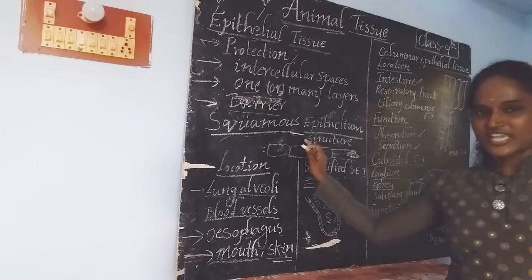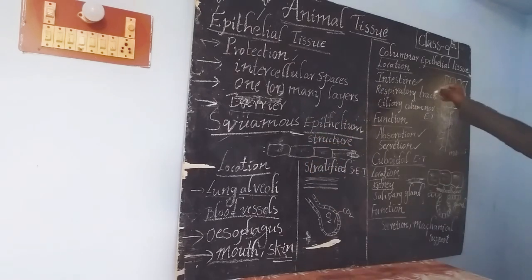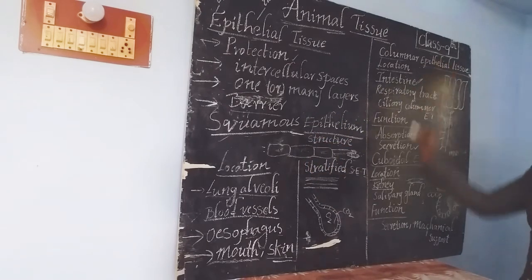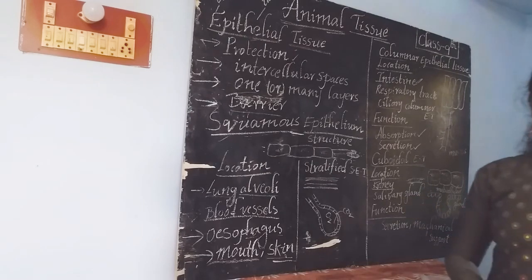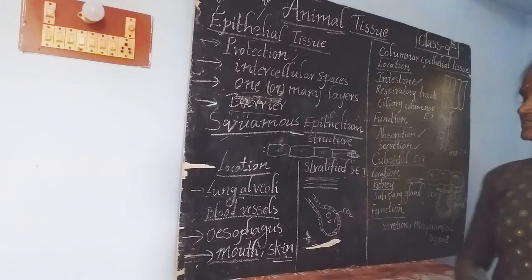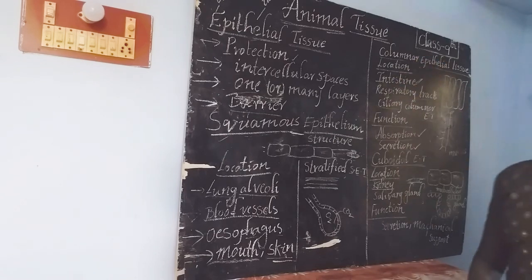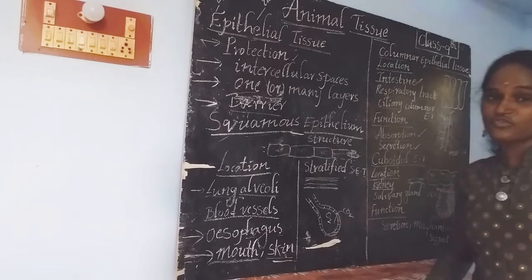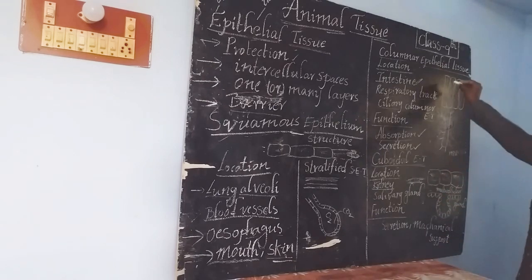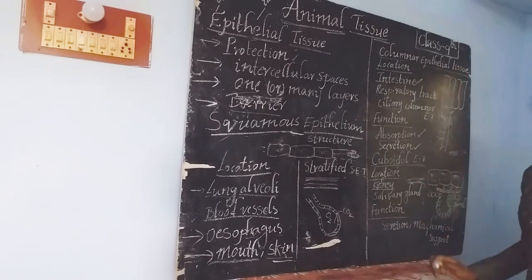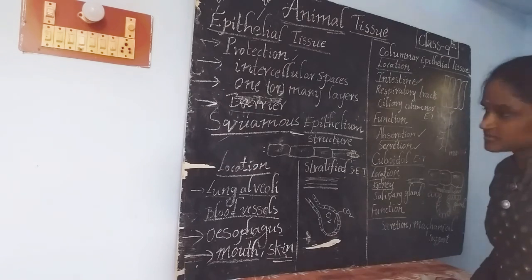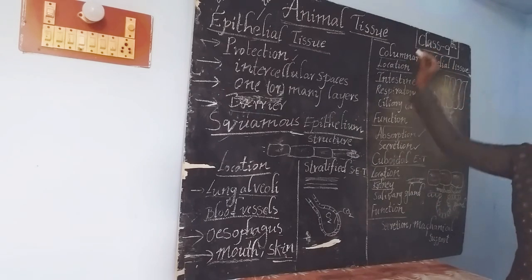It is giving protection. If we talk about the next one, columnar epithelial tissue. Then what is the location of this tissue? If you look at the structure of columnar epithelial tissue, all the cells look like small pillars, small columns.